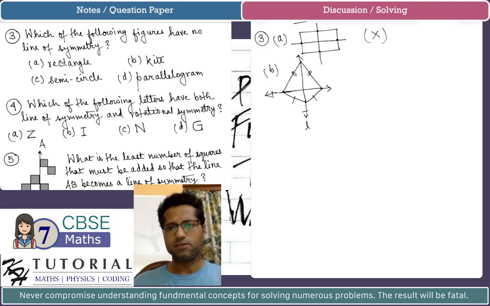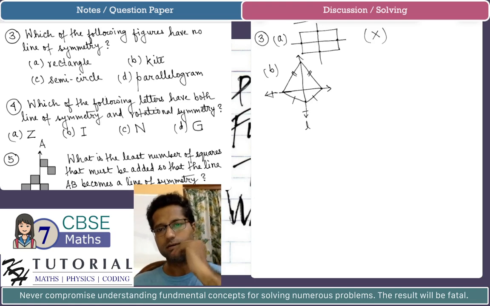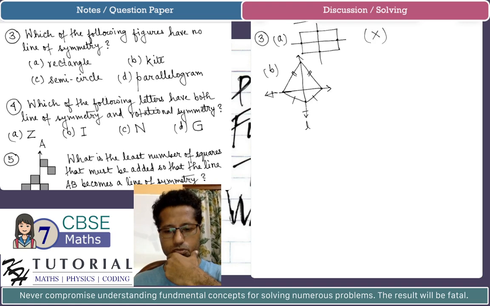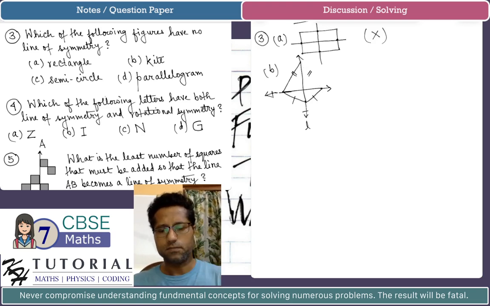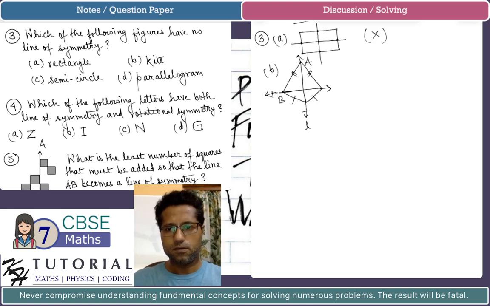So what are the geometrical properties that define a kite? It is a quadrilateral, four sides, and you have two pairs of equal sides. If the kite is ABCD, we have BC equal to CD, and AB equal to AD.